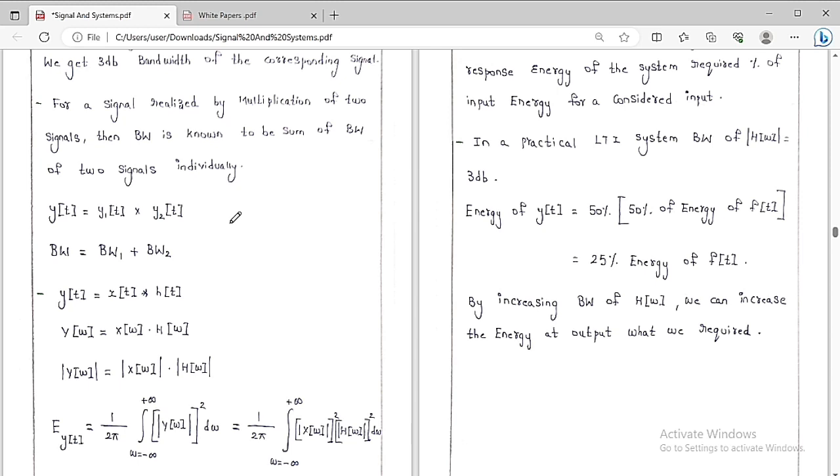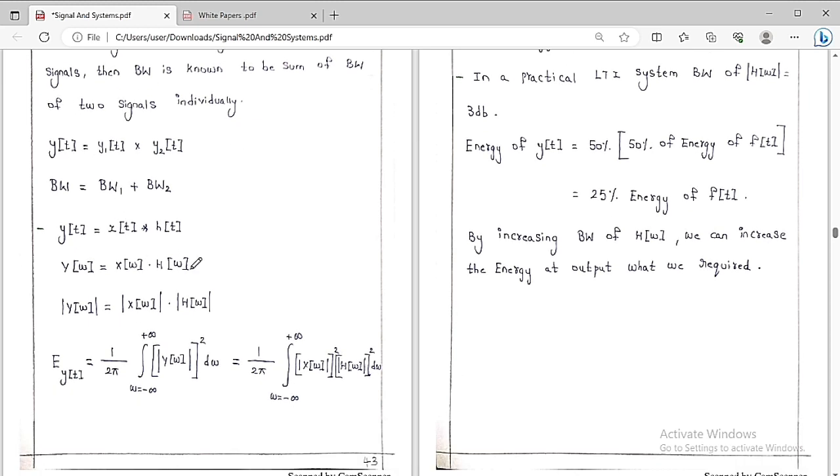So finally I can say, if any signal is a multiplication of two signals, then its bandwidth is the summation of the individual signal bandwidths, where bw is the bandwidth of y of t, bw1 is the bandwidth of y1 of t, and bw2 is the bandwidth of y2 of t. These things you always have to keep in mind.